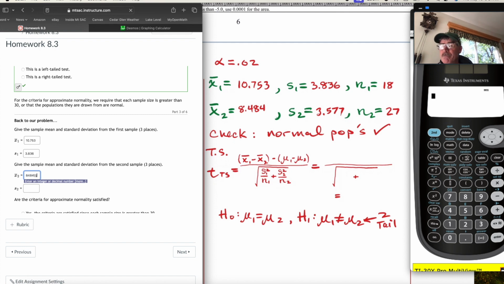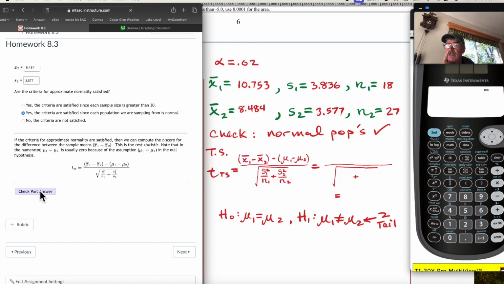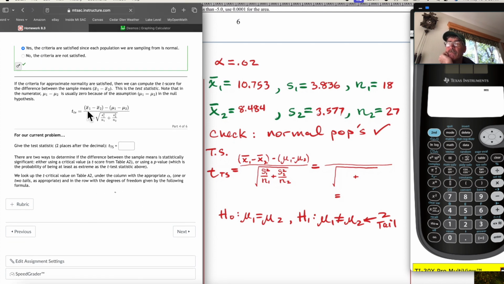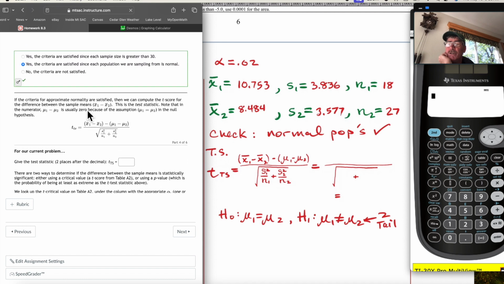Second standard deviation 3.577. And the criteria we said we're satisfied because each population is normal. Let's check everything here. Yeah, everything's great, so we can go on.